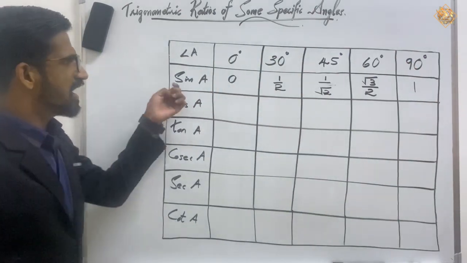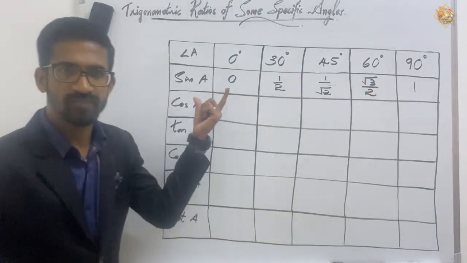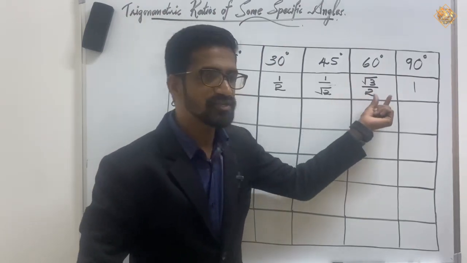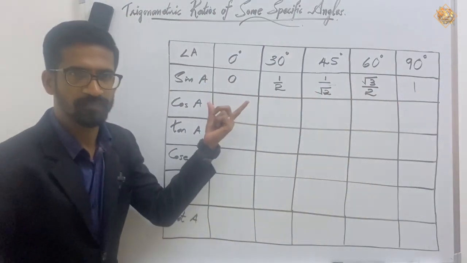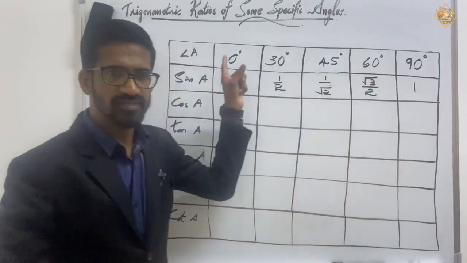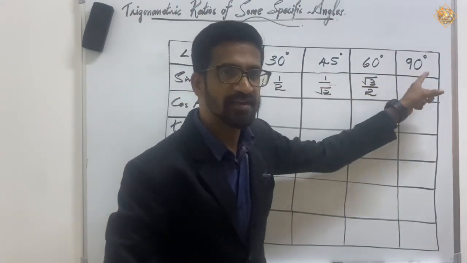Students, learn the values of only sine A very thoroughly: 0, 1 by 2, 1 by root 2, root 3 by 2, 1. These angles also you must learn in order: 0 degree, 30 degree, 45 degree, 60 degree, and 90 degree.